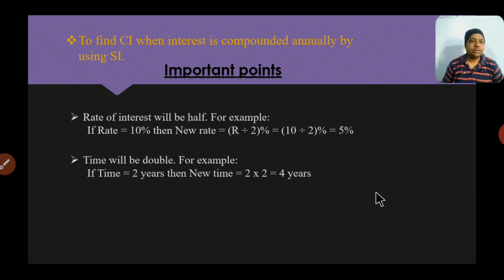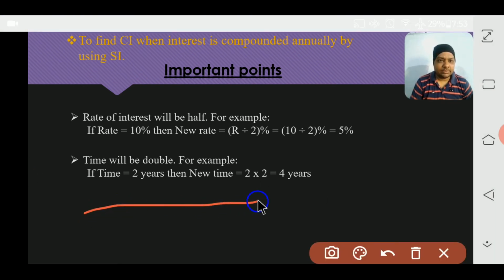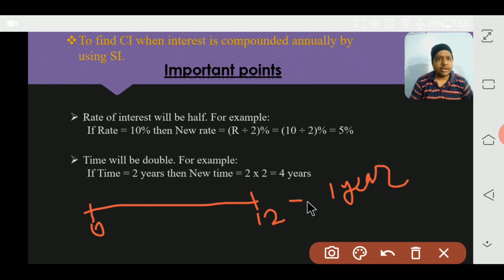Okay. Why dear? Here you can see that if we can say that 0 months, and here last 12 months. Okay. So now it is 1 year equals to 1 year. Now interest is compounded annually.